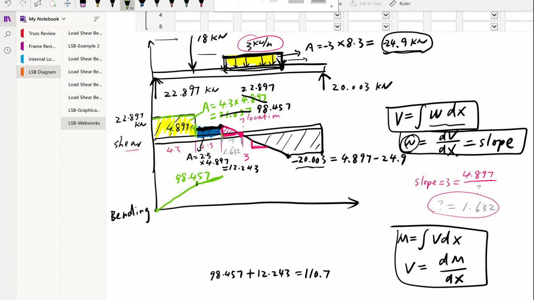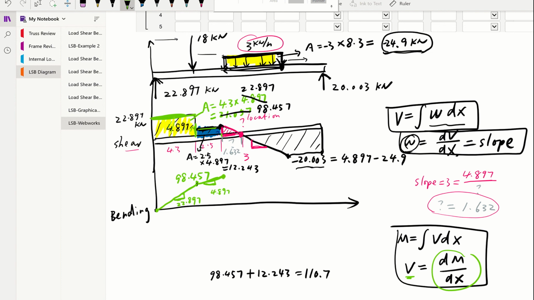Why? The slope of the bending is equal to the shear. So the slope of this part is going to be equal to this value, which is 22.897. And the slope of the second segment will be equal to this part, our 4.897. So they are less steep.